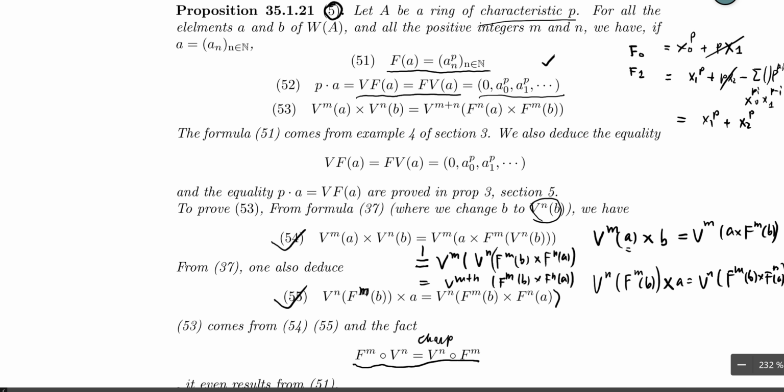We have a commutative case. There's no problem. We only want to say that the image of Vm multiplied by Vn is inside V(m+n). This is important for us, okay?